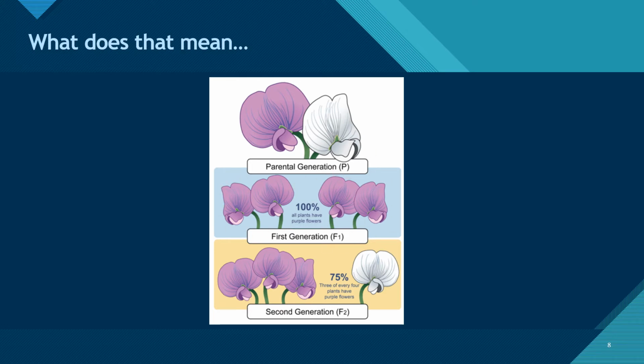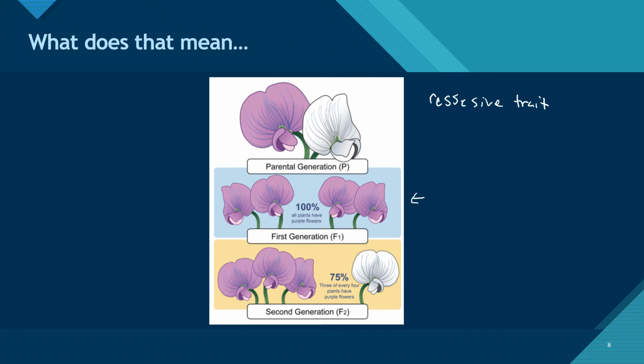What Mendel determined from that was that the white flower carried what's known as the recessive trait. So the purple flower is so much more powerful. The stuff inside the purple flower is so much more powerful over the stuff inside the white flower that it actually made all of these flowers purple.